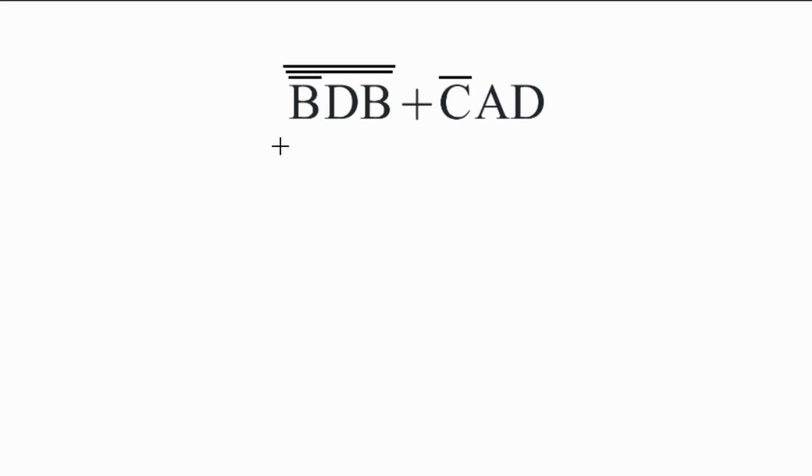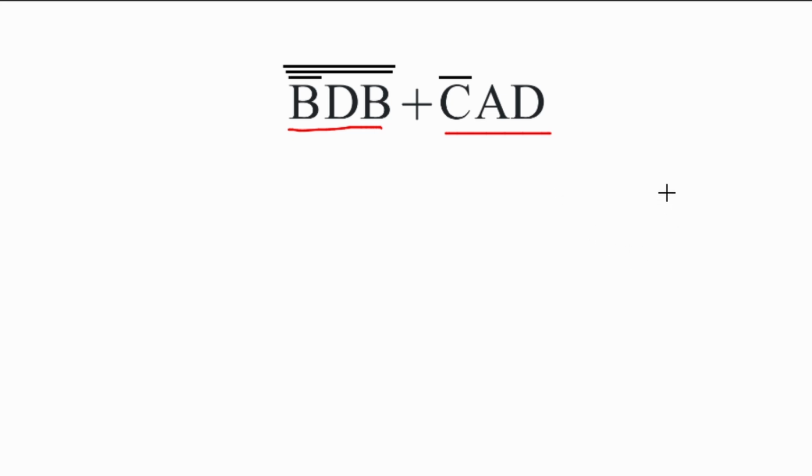So you can see we have our equation here, and what I want to do is demonstrate what this actually looks like in terms of the circuit and the connections and components required to make this happen. So you can see that our output is dependent on these two separate terms, separated by the addition, which we also know by this point is the OR function.